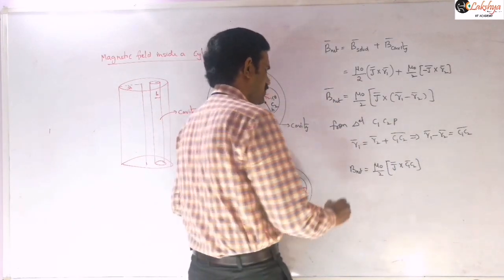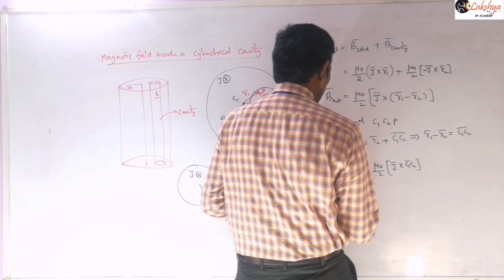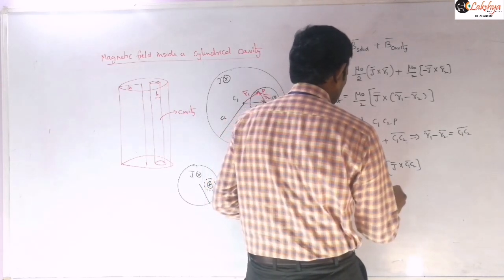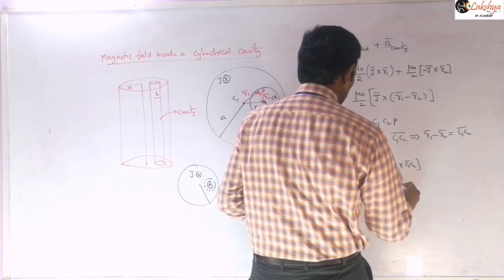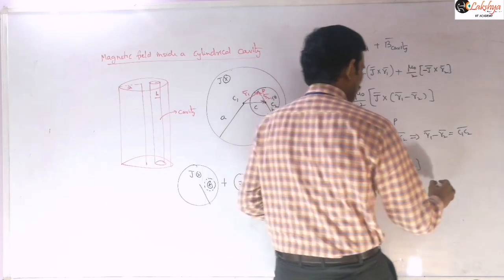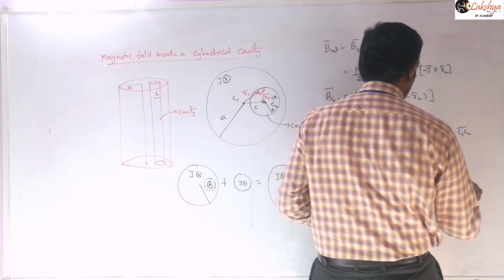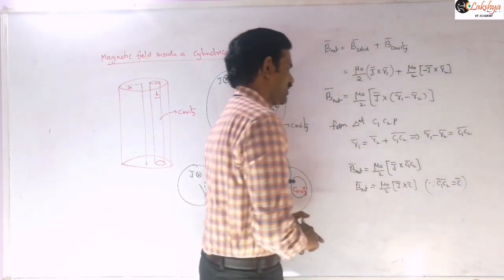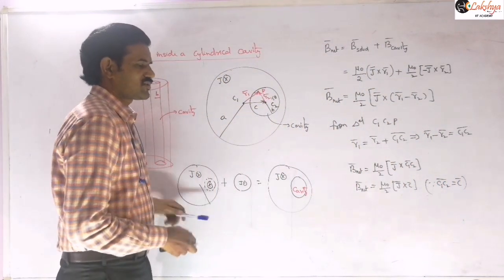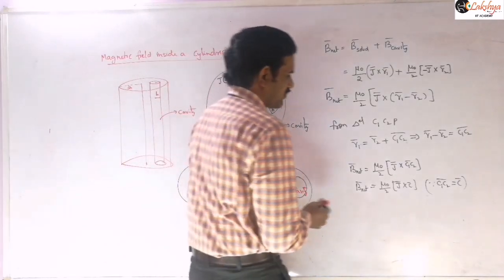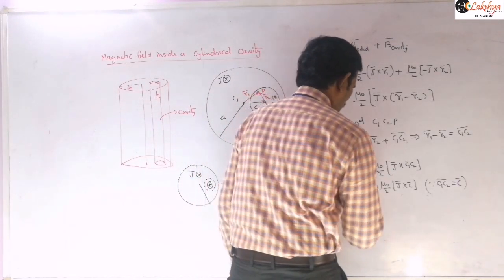This value C1 C2 bar you can replace as some C. So simply you can write this as j bar cross C bar. Right? This is in vector form here. In vector form we are expressing like this.